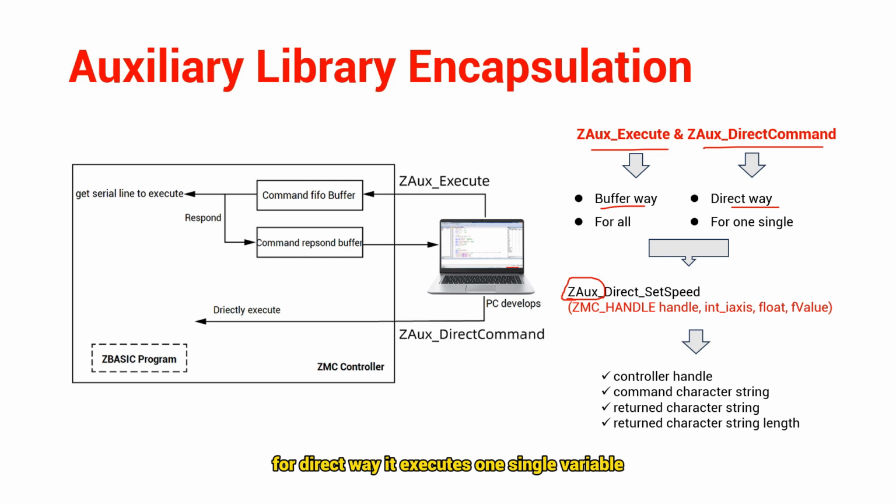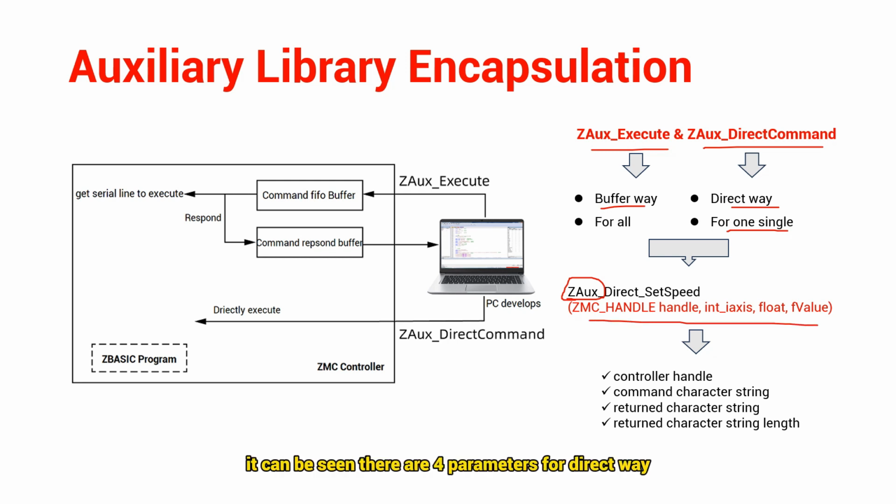For the direct way, it executes one single variable, array, or parameter-related command, and all parameters must be specific values. Therefore, some character strings cannot use the direct way.